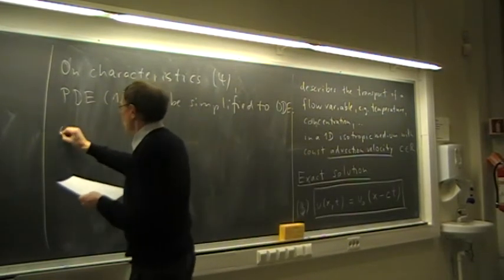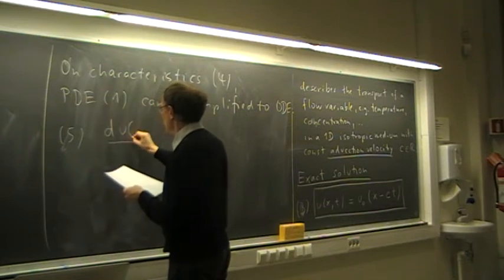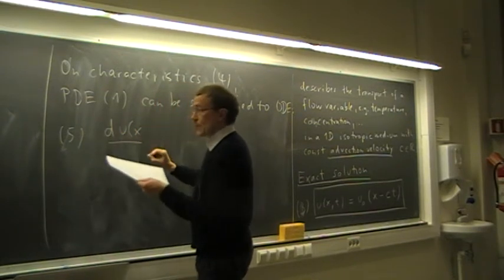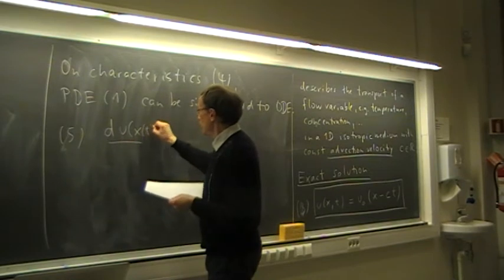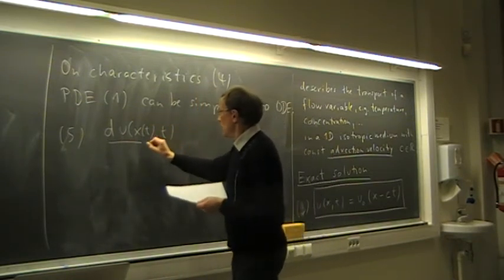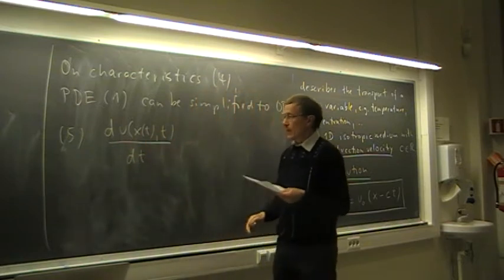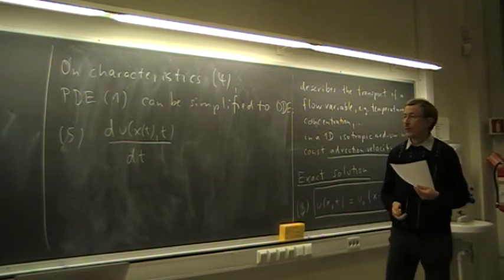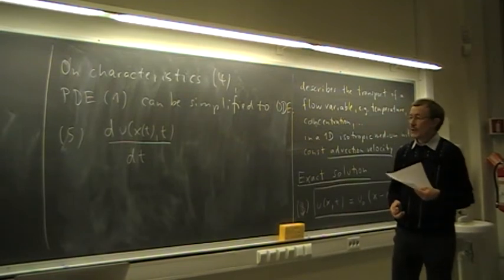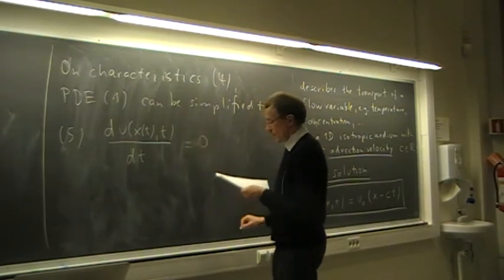And that is, when we are on the characteristics, then, as we just noted, x is no longer independent, it is a dependent variable, it depends on t. So then we can take the classical derivative of this with respect to t, and we find out that this is 0.